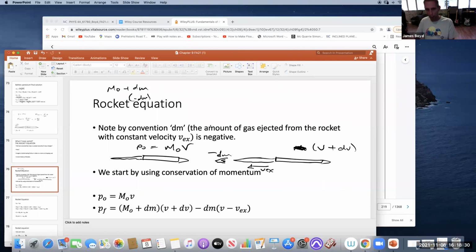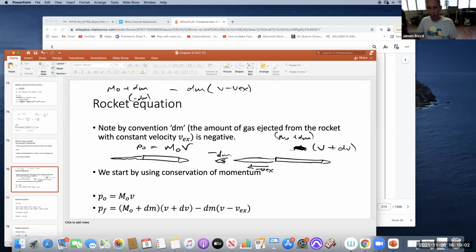They're still moving with that change of velocity. It's essentially like the rest frame issue. So it's got that momentum as it goes, minus the change of momentum, which is v minus v exhaust, whatever this exhaust speed is coming out. That might not make a lot of sense to you, but this is the equation.